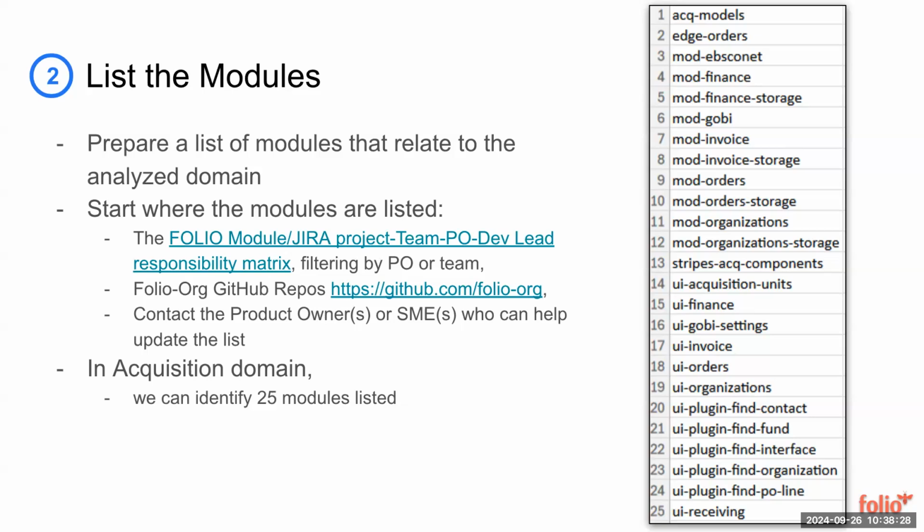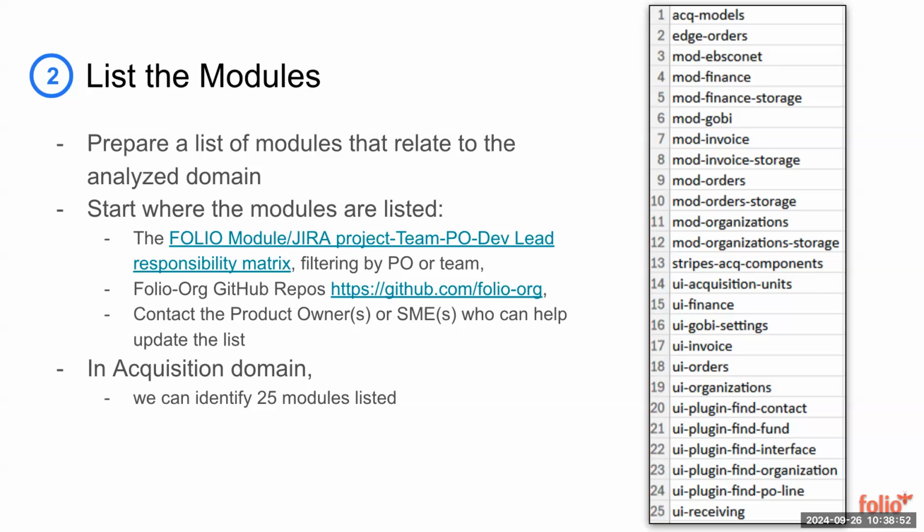There's also a very convenient page on the Folio wiki, which lists the responsibilities of the different teams and the POs associated with them, and also lists the module responsibilities for the different teams. Fortunately, they're also somewhat organized by domain, so that's very helpful. In fact, for the spreadsheet I did 2 years ago, that was my starting point. That's where I started, and then I added things that weren't there from that basis.